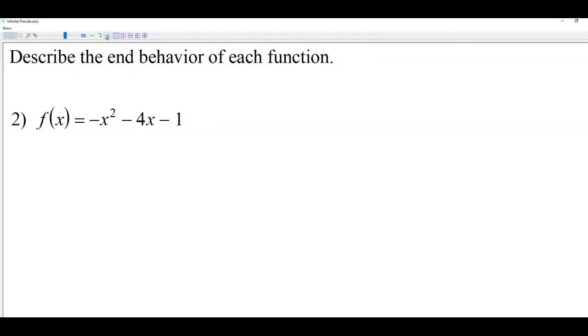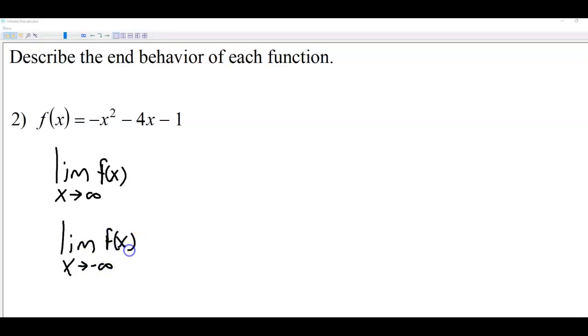All right. So if I want to describe the end behavior, the limit as x approaches infinity of the function. We need to do that for positive infinity, and we need to do that for negative infinity. Now, as we talked about, all you really need to do is take the first term and plug in infinity to that.